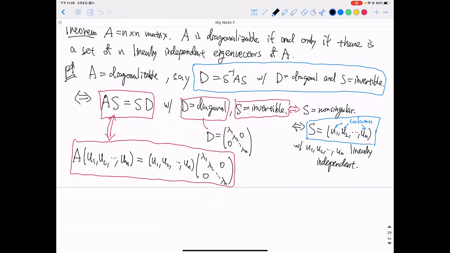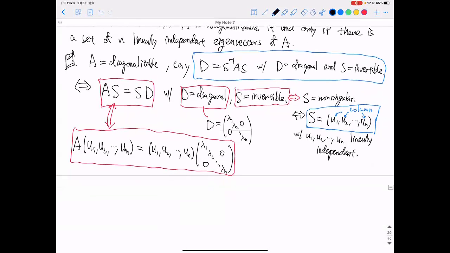Now what do we know? Now we can sort of decouple this. Right, this is an equation of matrices. We can view this as n equations of column vectors. A times the matrix u1 through un is the matrix given by columns Au1, Au2 down to Aun.